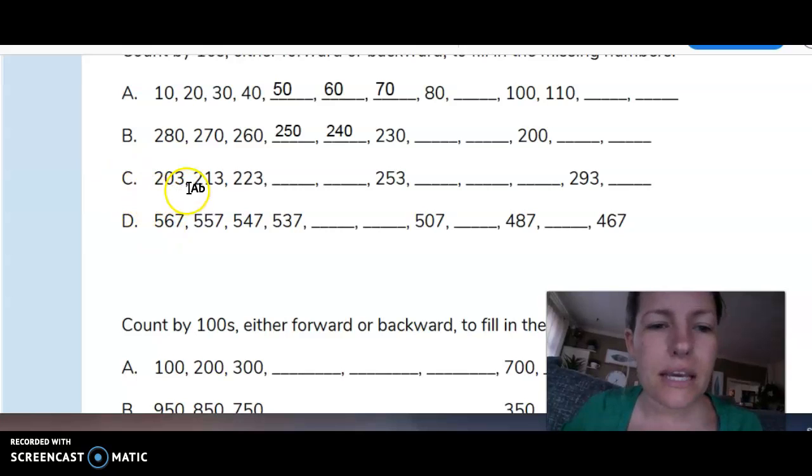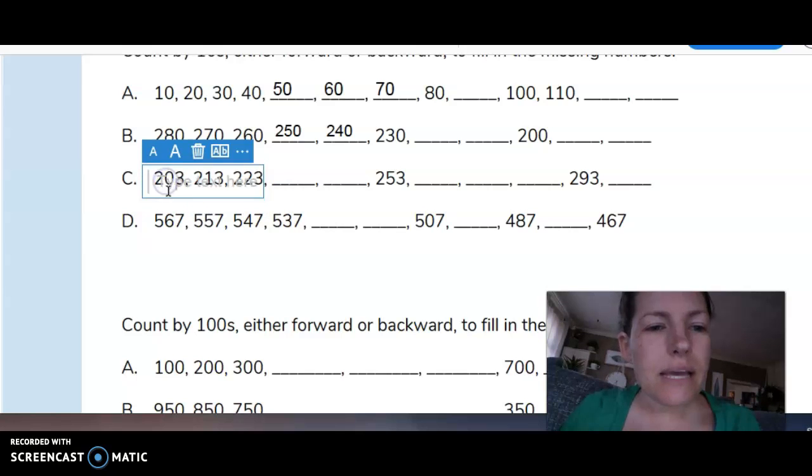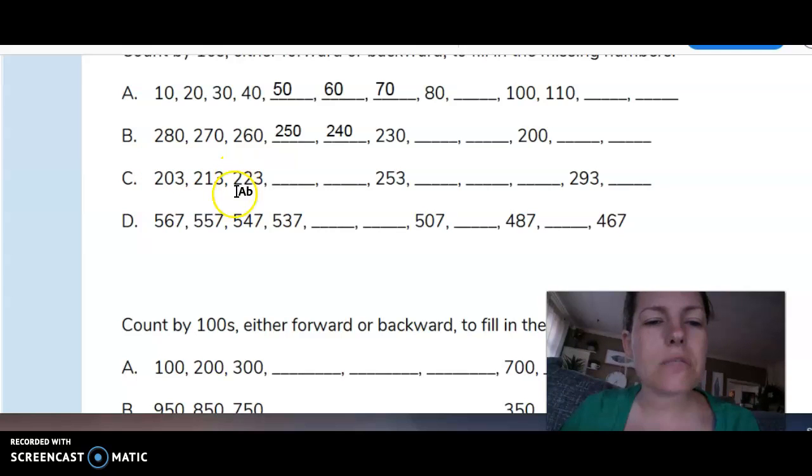For part C, let's take a look. We've got 203, 213, 223. As you can see, look at our tens place. Are the numbers in the tens getting smaller or bigger? They're getting bigger. We start with 0 tens and it goes up by 1. And then the next one has 2 tens.